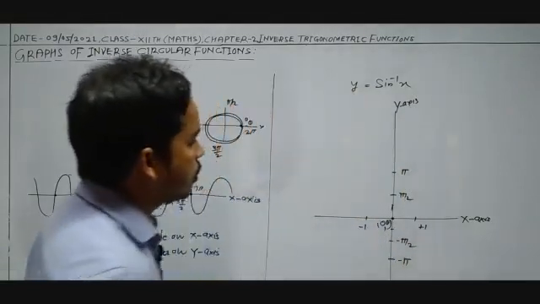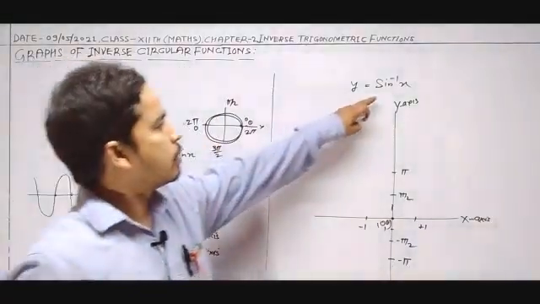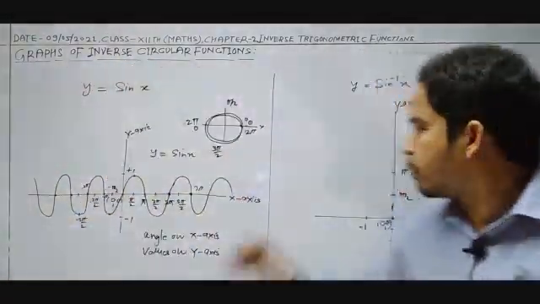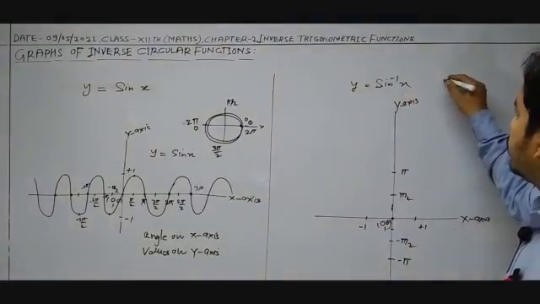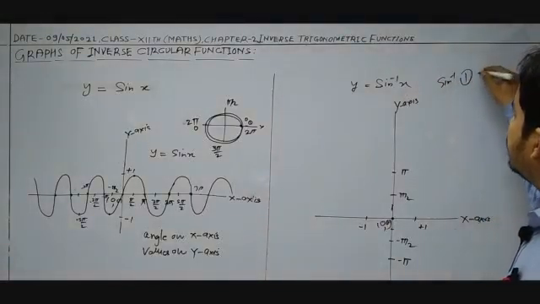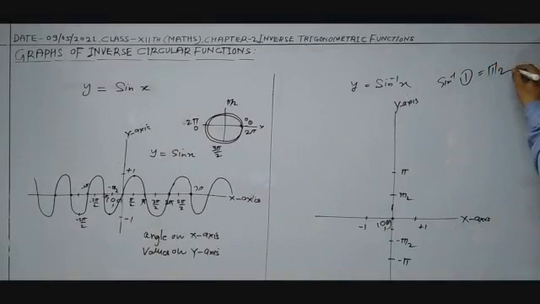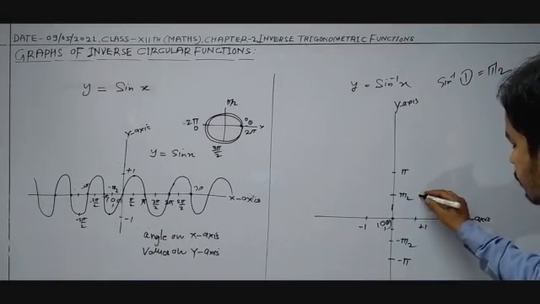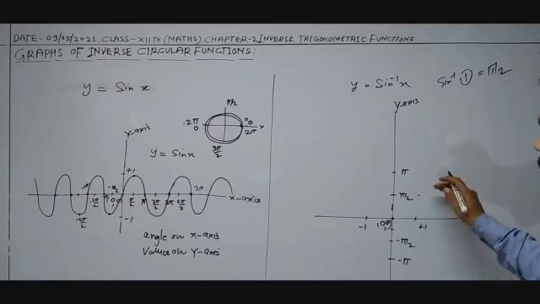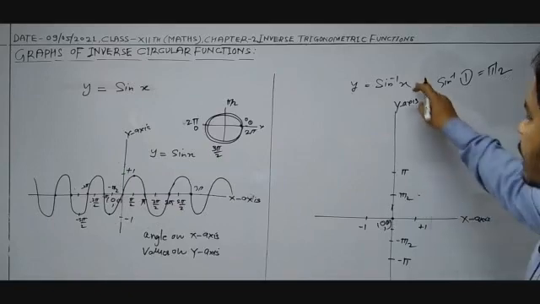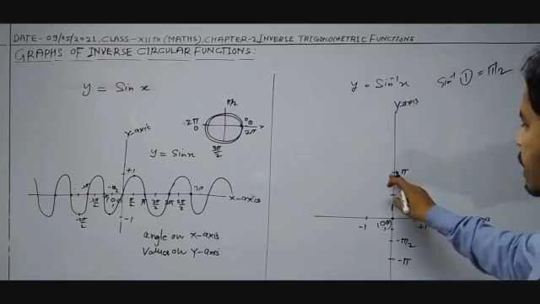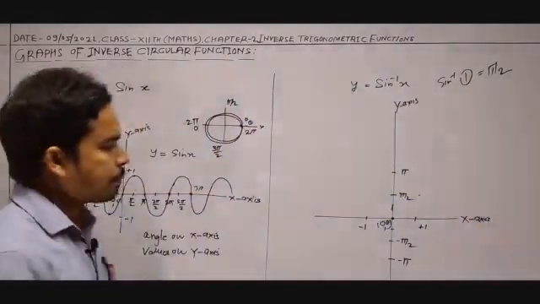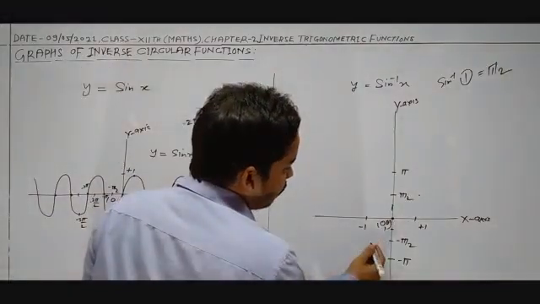So we know when you put x is equal to 1, you get sin inverse 1, the result is pi by 2. So at x is equal to 1, the result is maximum. Now at x is equal to 0, the result you get is 0. And at minus pi by 2 the value will be minus 1.